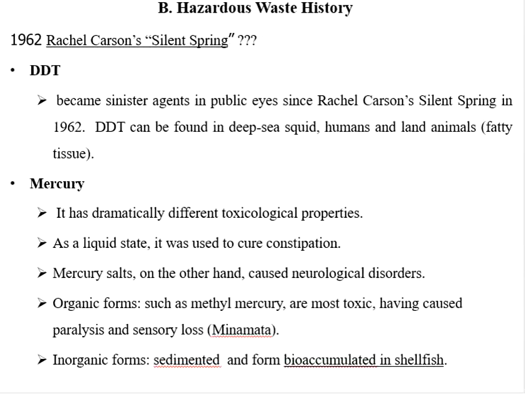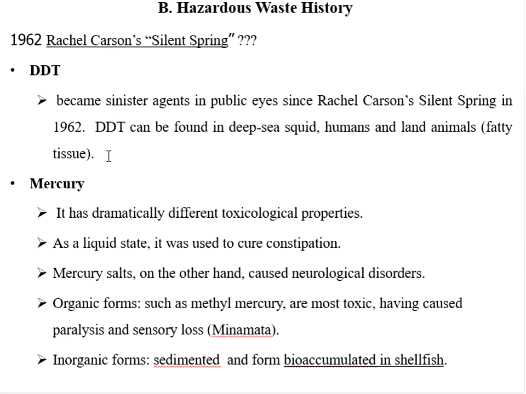So, in some history, we have to go to one person who studied DDT. There is an available book known as Silent Spring by Rachel Carson, which put sinister agents in the public eye since this book was published.